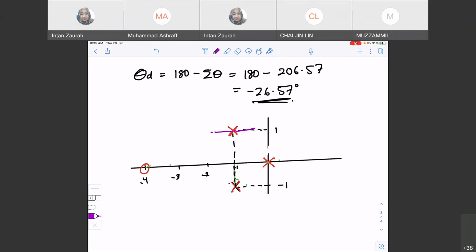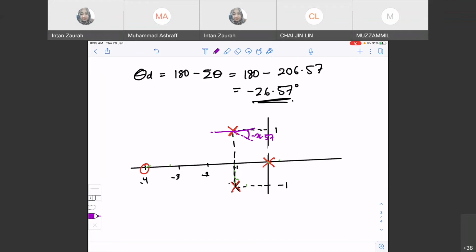If it's positive, it's coming from horizontal counterclockwise, kan? So if it's negative, it's coming from horizontal clockwise, down there. Okay, so that's your angle. Macam itulah lebih kurang, negatif 26.57. Okay tak? Okay, that is your angle.